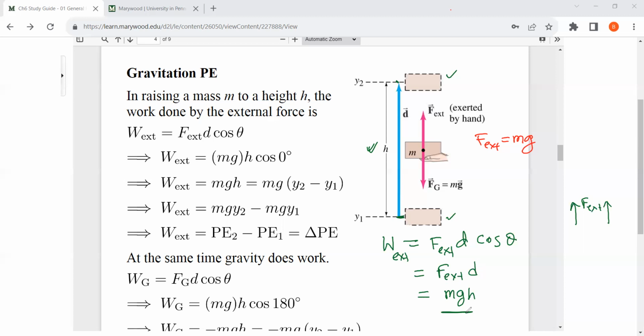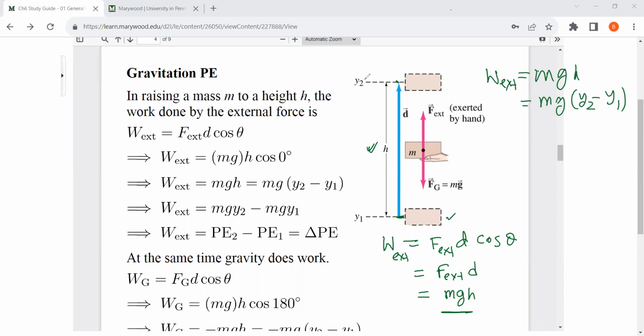All right, now let's rewrite this equation. W external equals mgh. h can be written as y2 minus y1, because this is y2 and this is y1, and this distance is h. Now let me rewrite it: mg y2 minus mg y1.